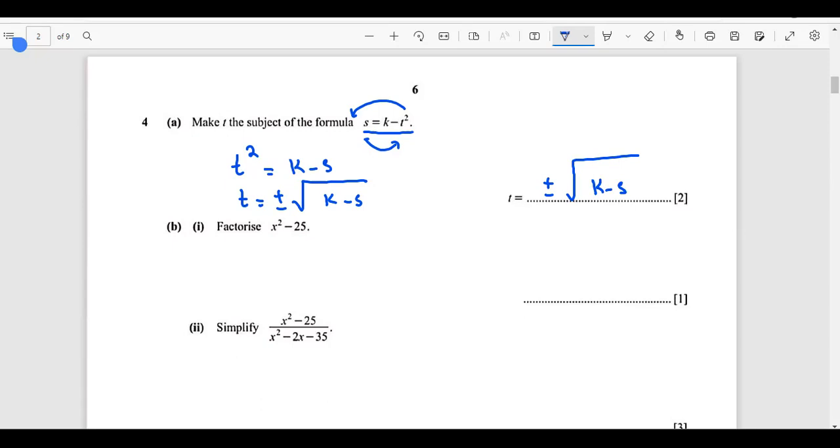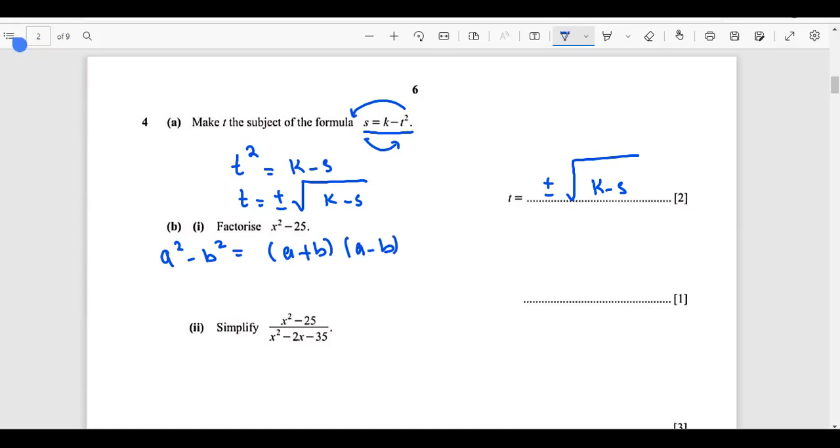Now for the second part, it says factorize x squared minus 25. When we look at it, there's no similarity. There's nothing common in x and 25. Both the terms are very different. But we do see that we have a formula that is the difference of squares, and we can write it as a plus p into a minus p.